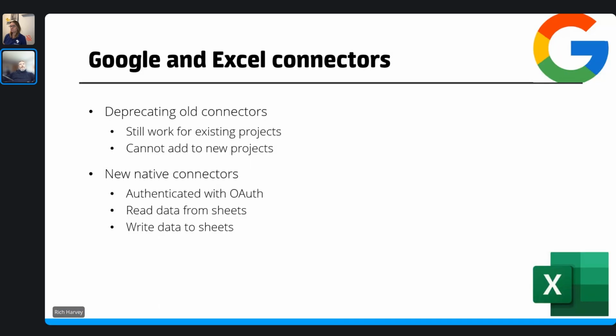So moving on then from those settings, we've got the new connectors, so the Google and Excel connectors. We've had Google and Excel connectors in Squirrel for quite a while now, but they were cumbersome to use and a little bit slow sometimes.